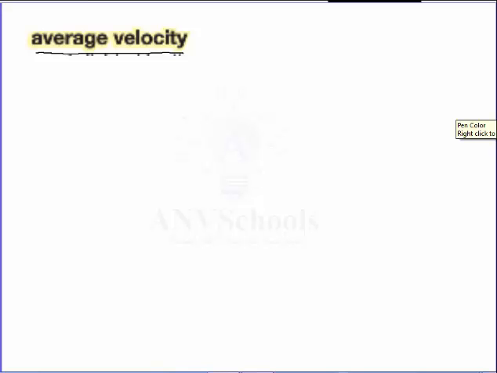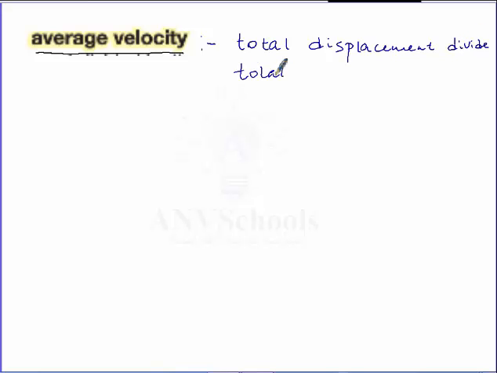Average velocity can be defined in different ways, but normally it is defined as the ratio of total displacement to total time interval, divided by the total time taken to cover that distance. So average velocity is defined as the ratio of total displacement to total time.